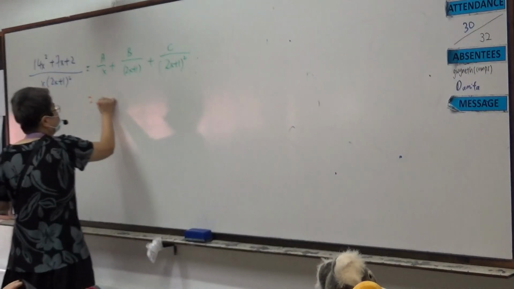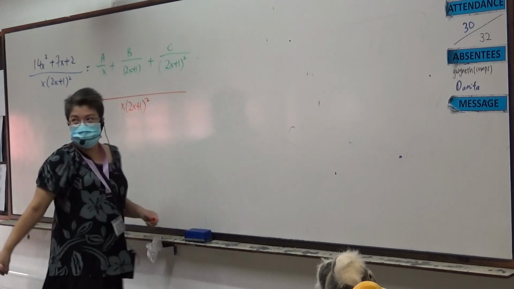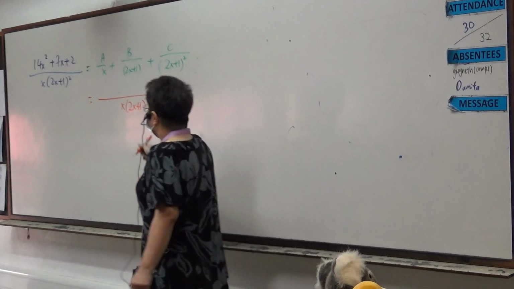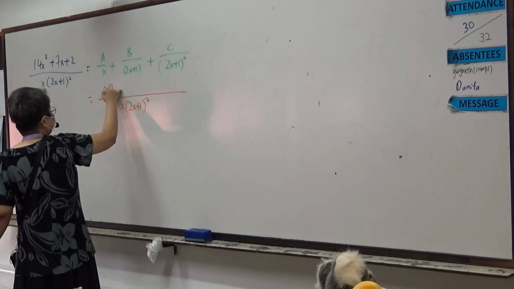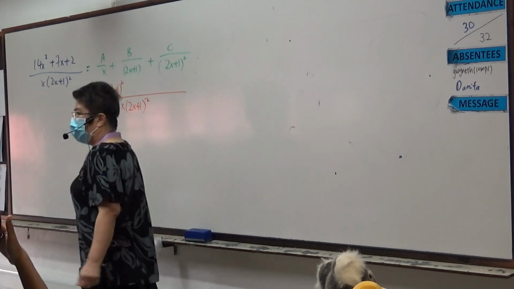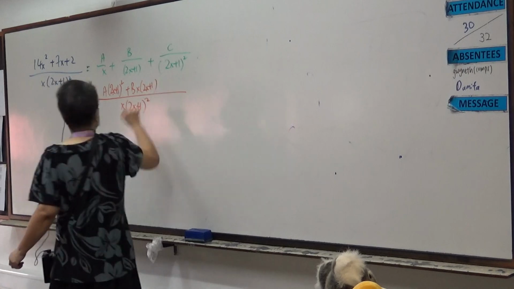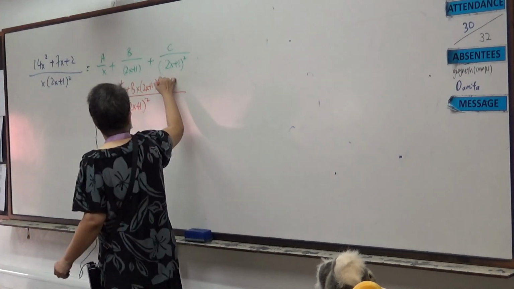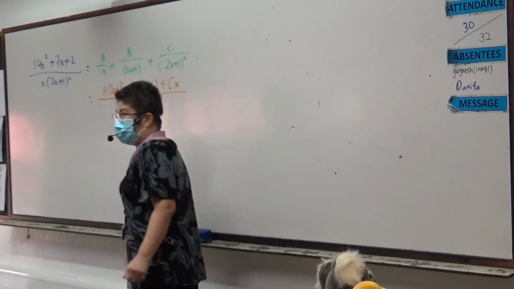Now, do you agree that the LCM will be this? What is this divided by this? I'm left with A. Alright? I'm left with this, right? Then I'm left with what? C what? C times x, right?